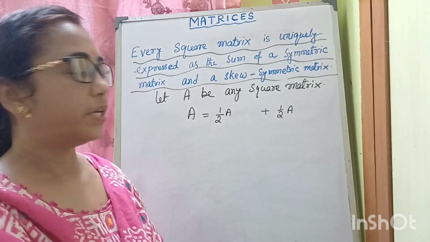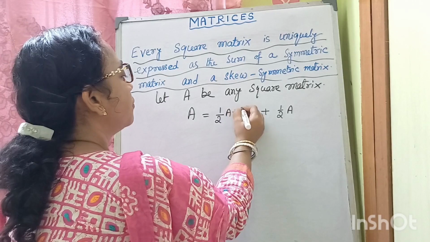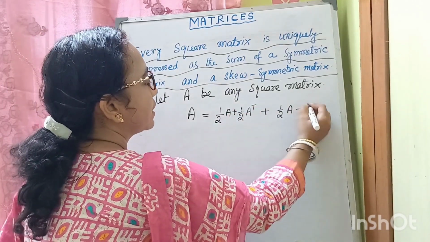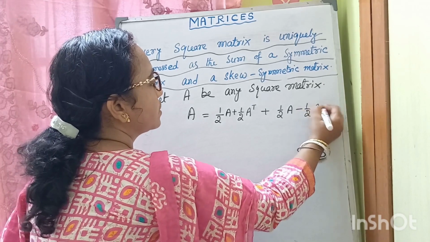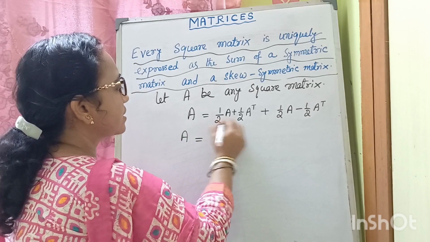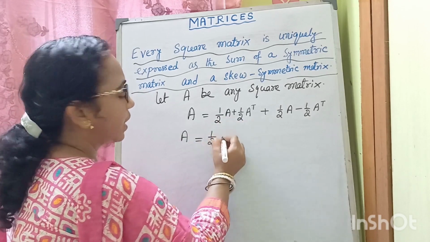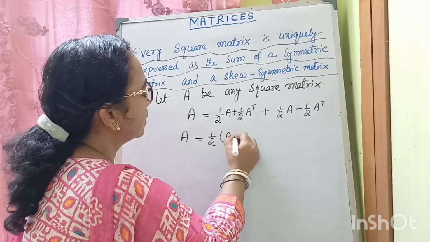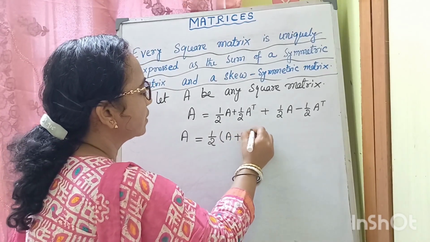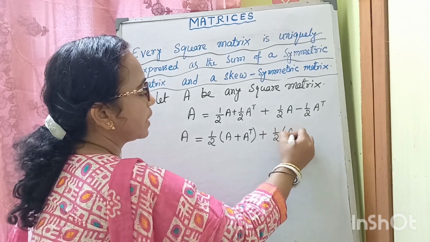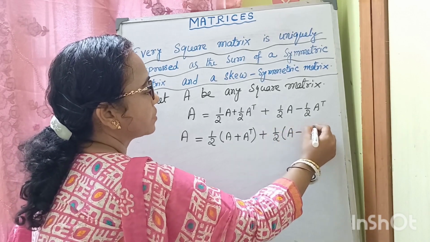Now we add half of A transpose and then subtract half of A transpose. So A can be written, taking half common, as half into A plus A transpose, plus, again taking half common, half into A minus A transpose.